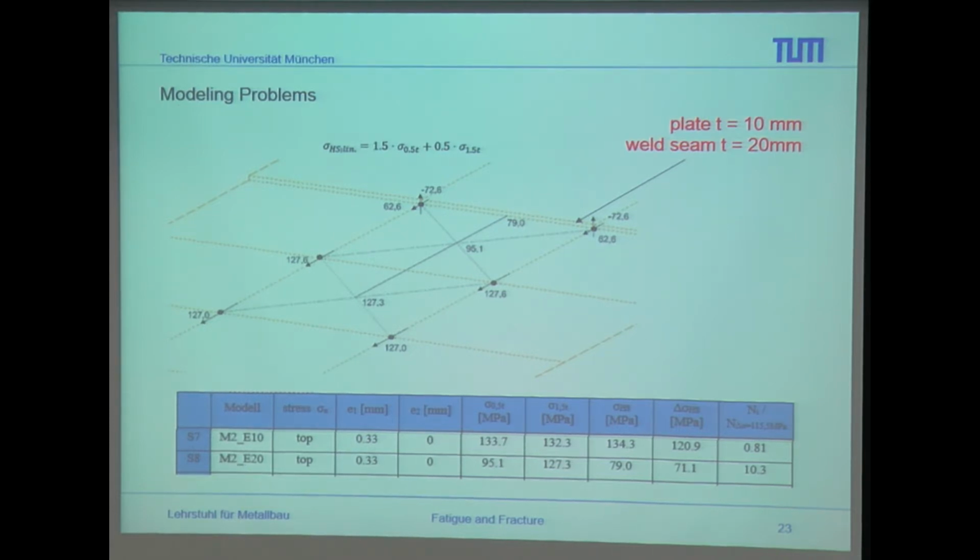So, for example, this is also a small model, just a shell model of the butt joint. At the end, it is just two plates, two shell models combined, and at the same time, we used different definitions of the gap.